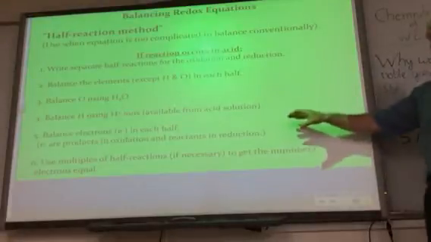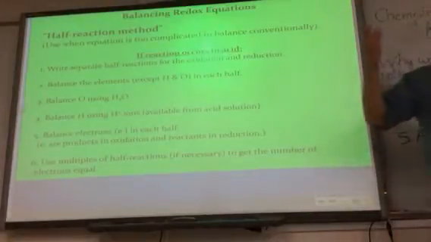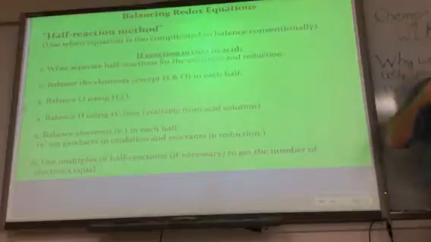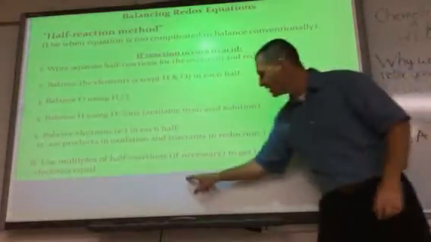Okay, and so once you've done this step, you've got the number of electrons equal. Now at this point, we have 2 half reactions. We add them back together to get one overall equation.